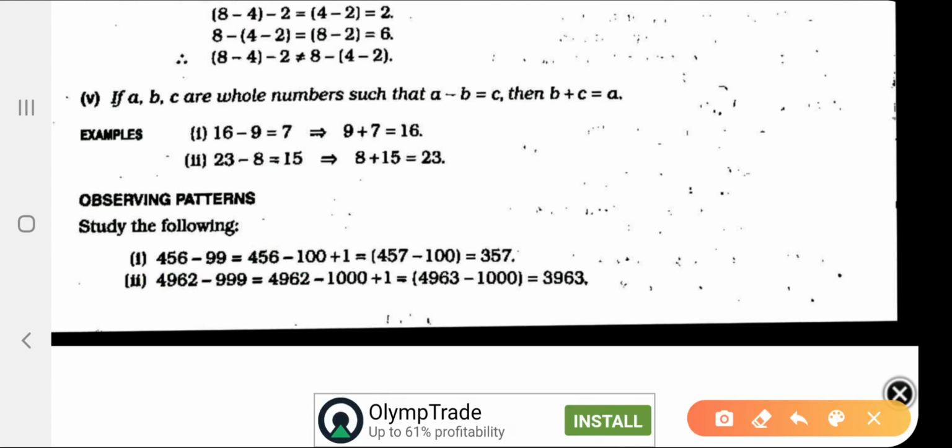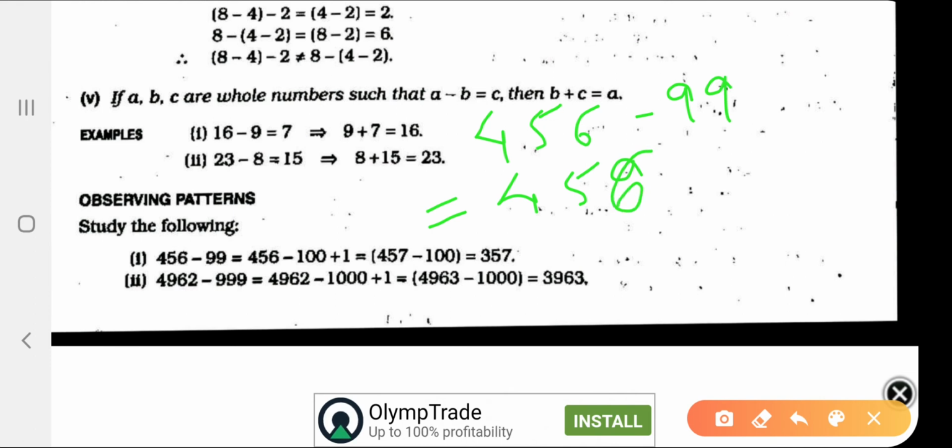I'm explaining a bit more here. 456 minus 99, that is 456 minus (100 minus 1).